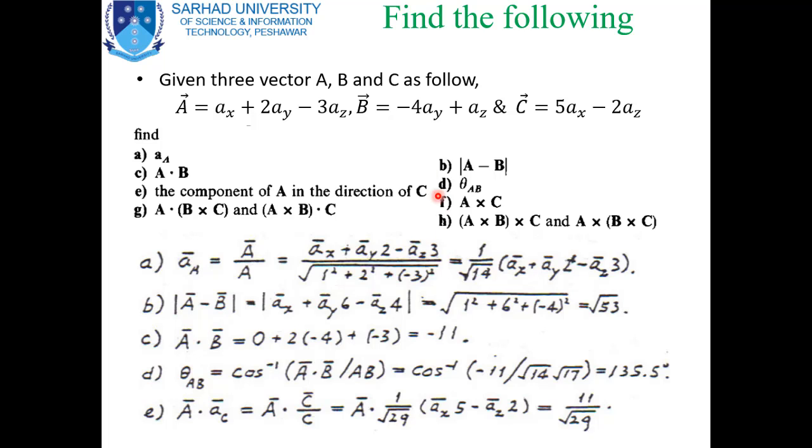And in the fourth part of this question, we have to find the angle between a and b. So remember that whenever you have to find the angle between 2 vectors, simply use the dot product, and the formula for the dot product a dot b is equal to ab cos theta, and for the angle we can make the expression theta ab is equal to cos inverse of A dot B divided by A magnitude times B magnitude.